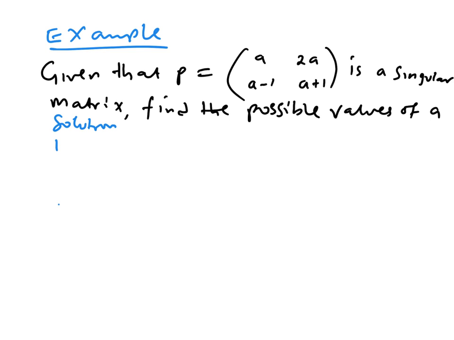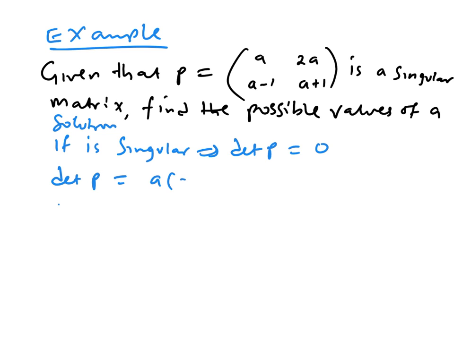So we know that if P is singular, it means that the determinant of P is equal to 0. Now get the determinant of P. Determinant of P is A into A plus 1 minus 2A into A minus 1. And this must be 0. Multiply A times A is A squared.